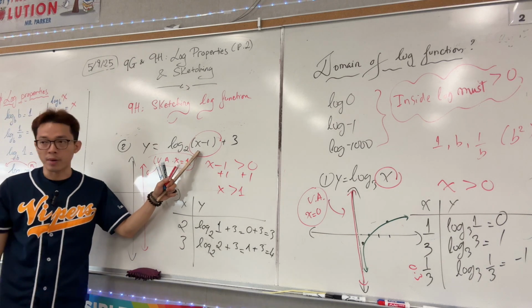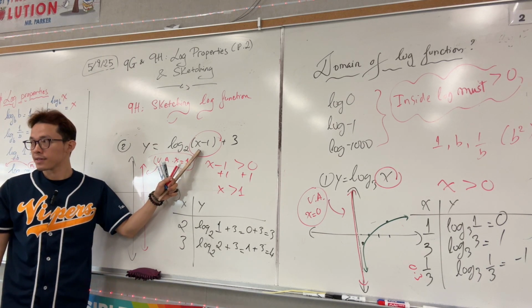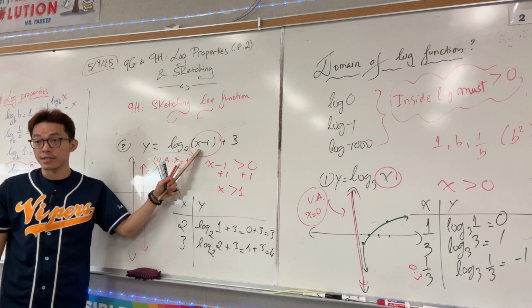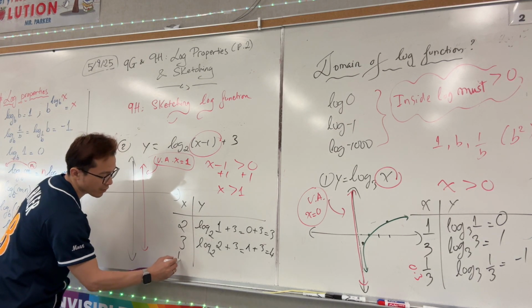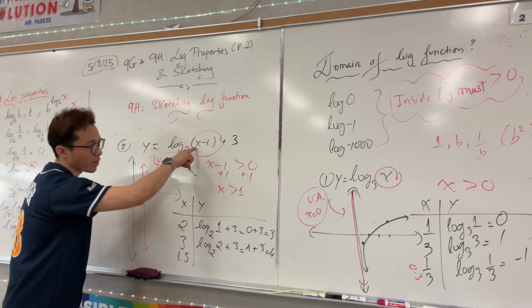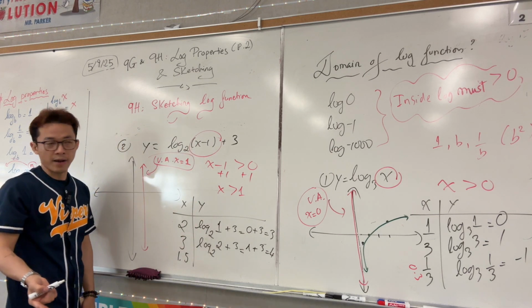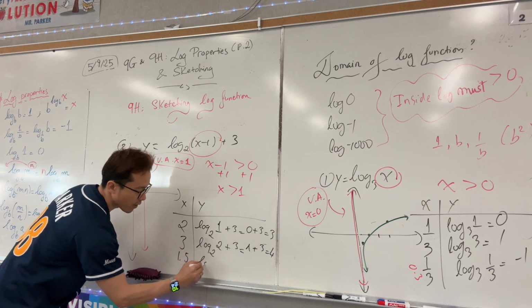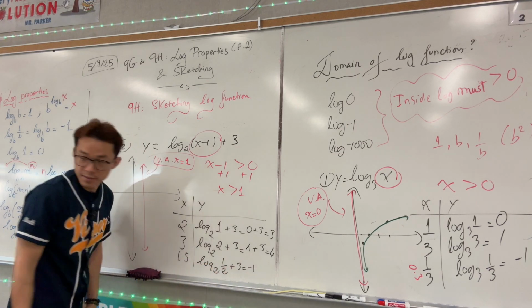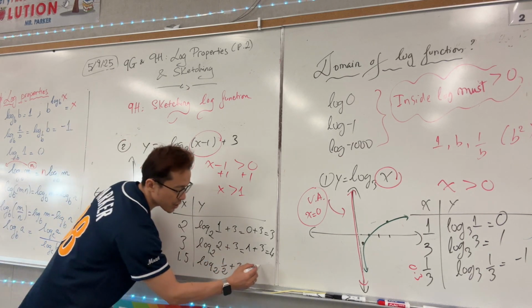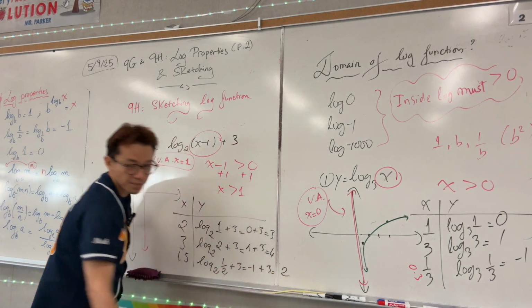Now how do you make the inside become 1 over 2? 1.5 or 3 over 2, right? So you can write 1.5. That means 1.5 minus 1 is 0.5. That's 1/2. So you're going to have log base 2 of 1 over 2. That's negative 1, right? Negative 1 plus 3 is 2.